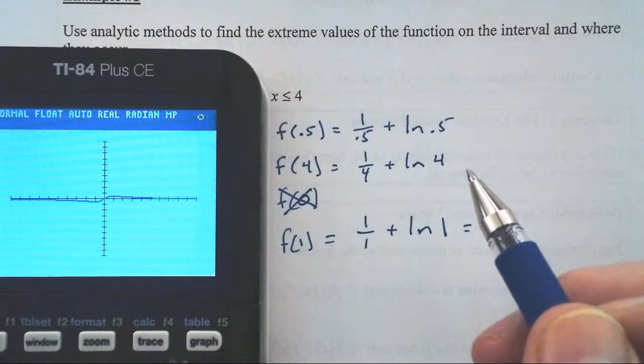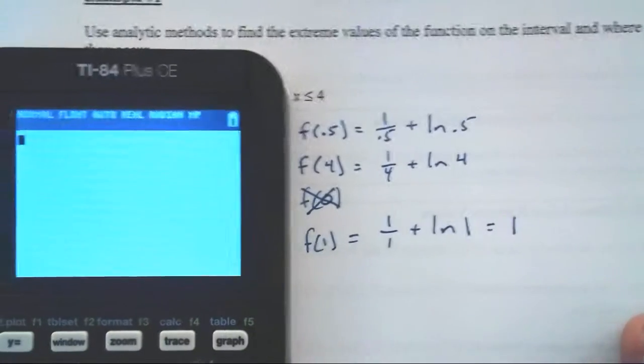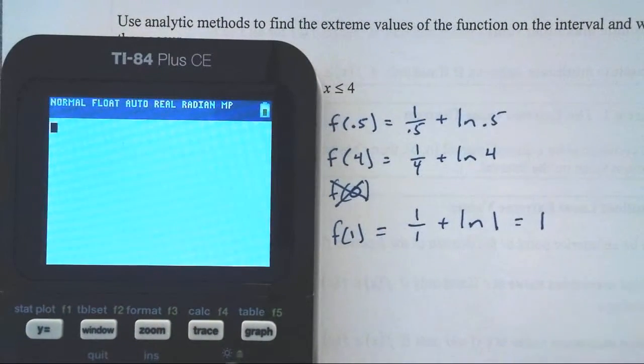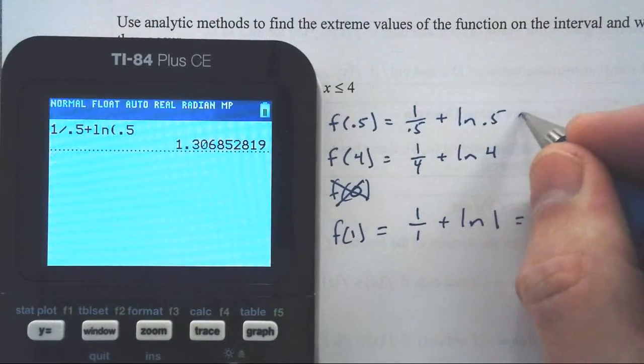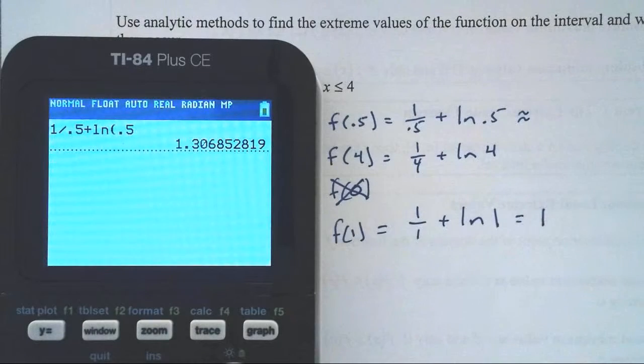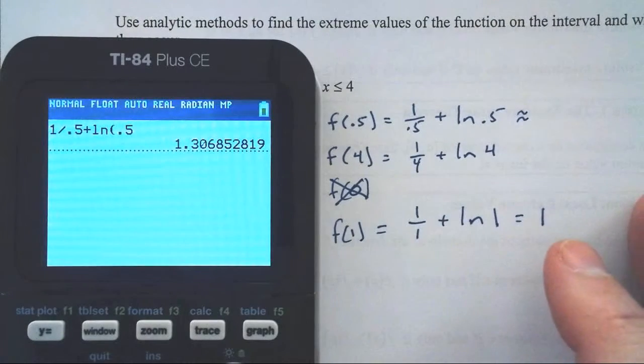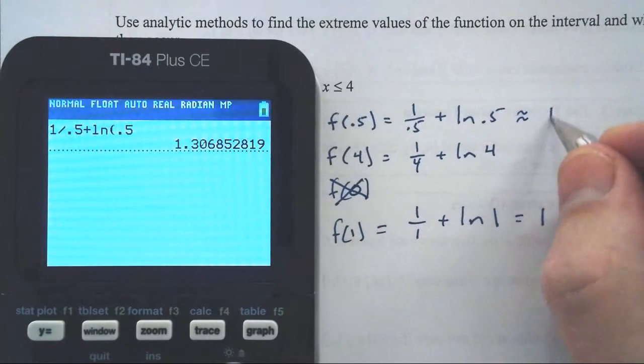Let's second quit out of this graph, clear this, and get a nice clean slate. I'm going to go 1 divided by 0.5 plus ln 0.5, and for AP Calculus, unless otherwise requested, we're going to round to 3 decimal places.